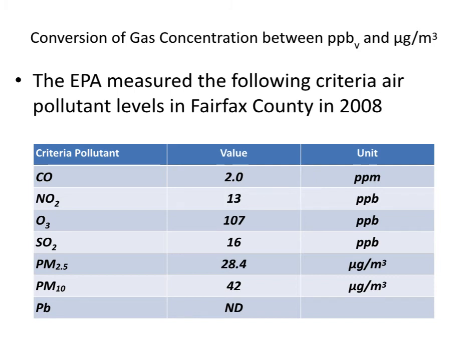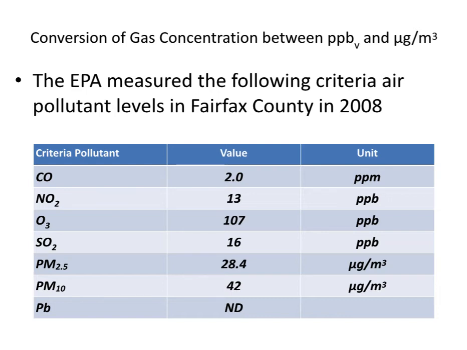So let's look at an example of a conversion of gas concentrations between, in this case, parts per billion by volume and micrograms per meter cubed. Again, very small levels. We'll look at measurements that the EPA conducted for what they call criteria air pollutants, or important air pollutants that the US EPA measures, near Washington, D.C. in Fairfax County.